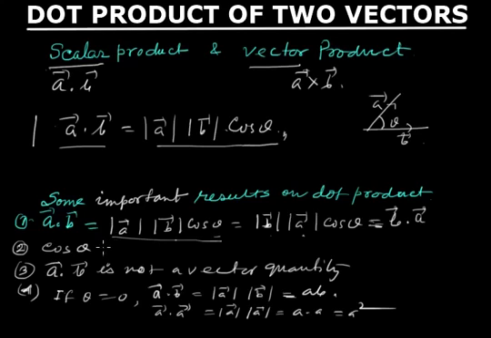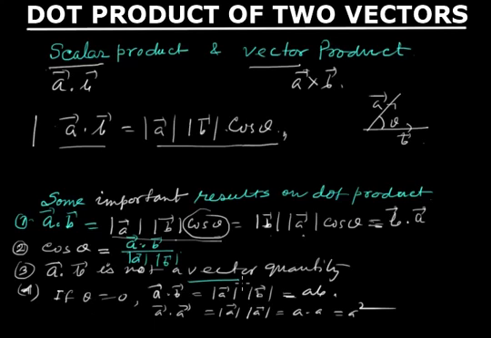And here cos theta we can write as vector A dot vector B by magnitude of A into magnitude of B. And as I said, A dot B is not a vector quantity.